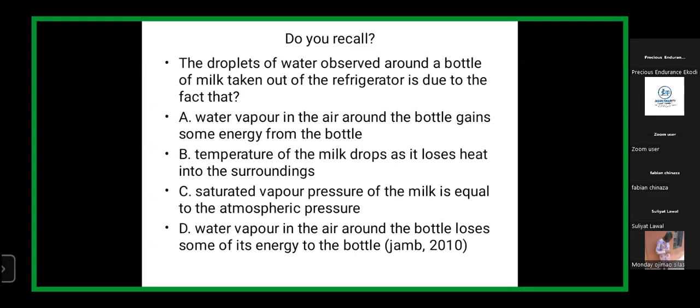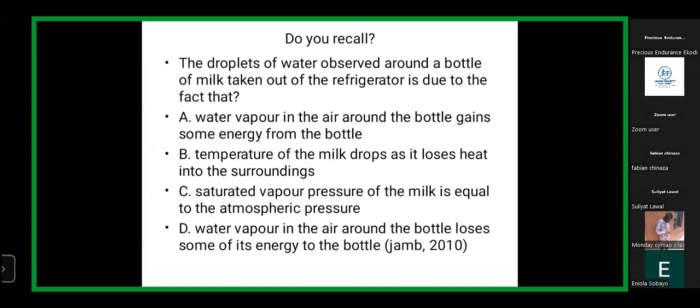B, temperature of the milk drops as it loses heat into the surroundings. C, saturated vapor pressure of the milk is equal to the atmospheric pressure. And D, water vapor in the air around the bottle loses some of its energy to the bottle. Now, based on these three phenomena we have discussed, what is the correct answer here?